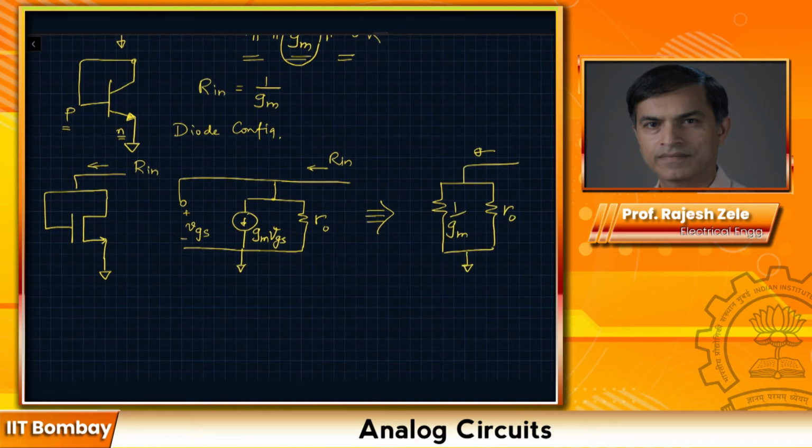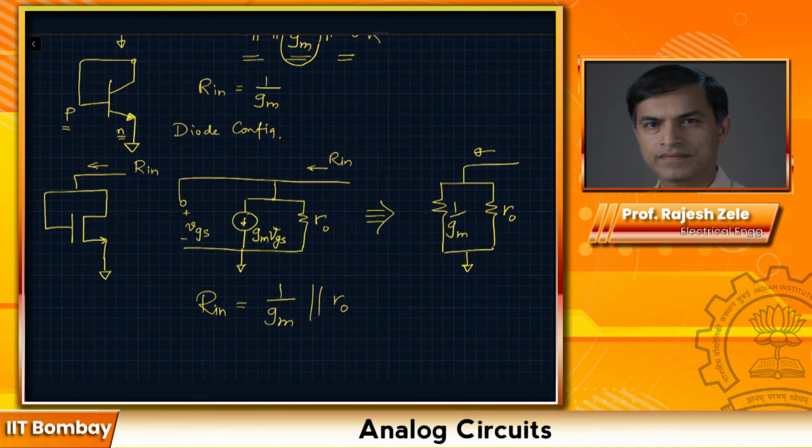So as I have shown you, I'm sure you got the same answer, hopefully. The Rin is given by the parallel combination of 1 over GM with R out. Another trick I can show you is whenever you're doing circuit analysis and you see elements coming in parallel, you suddenly switch your mode of operation to conductance rather than resistance.